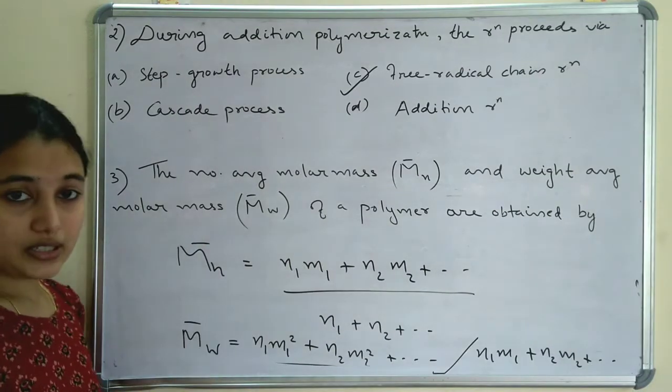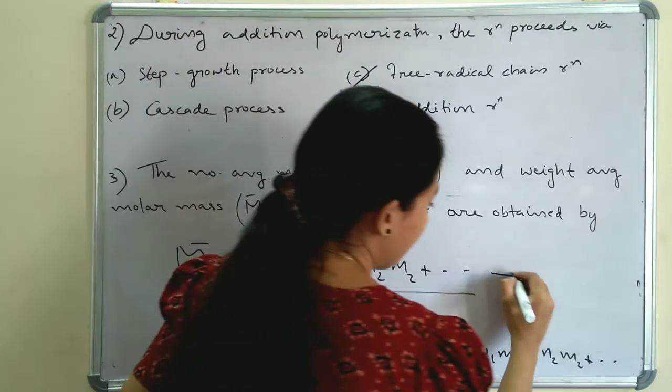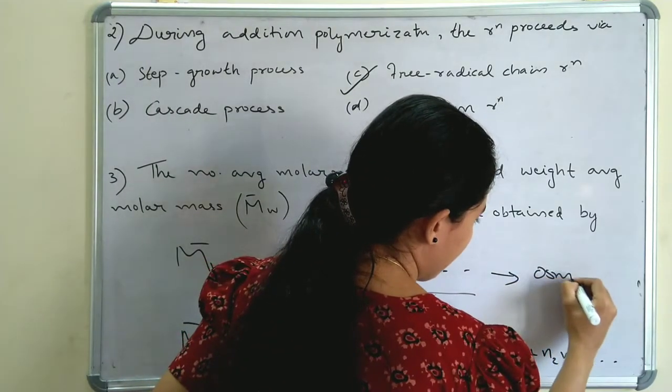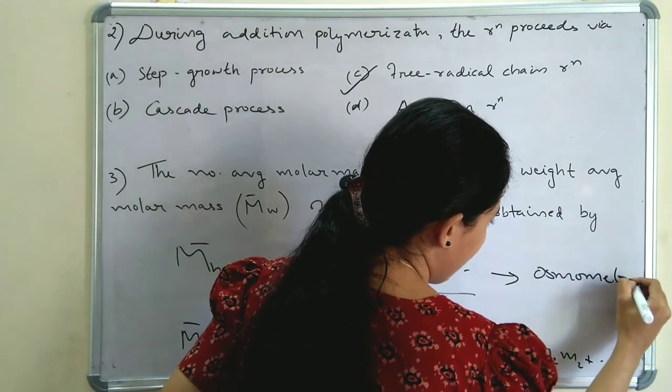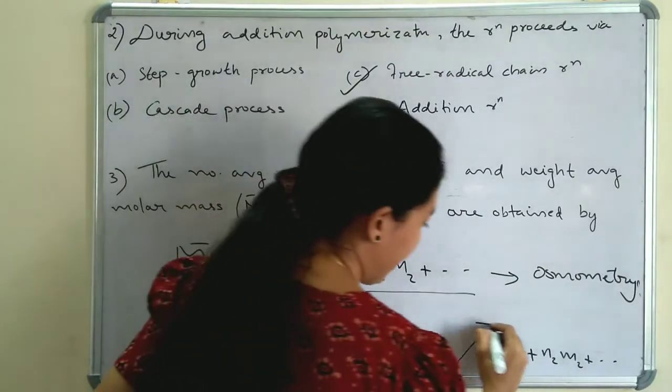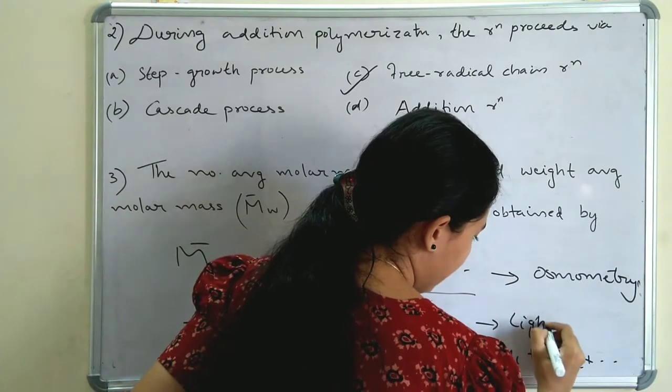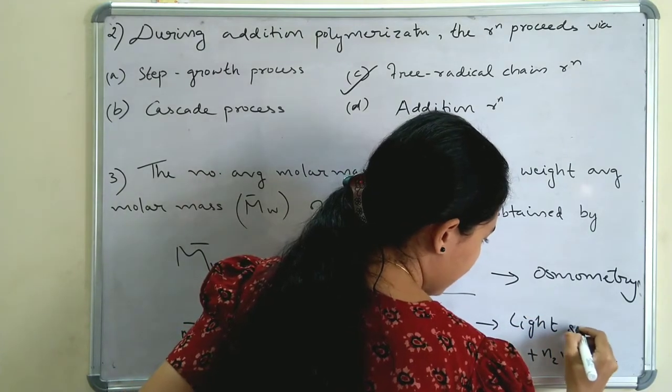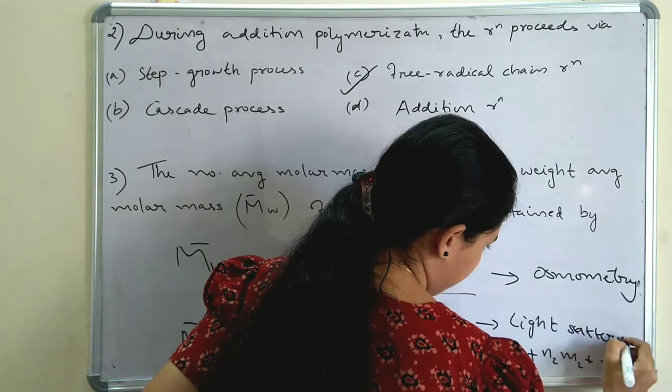This can be obtained by osmometry measurement, and weight average is determined by light scattering, laser light scattering method.